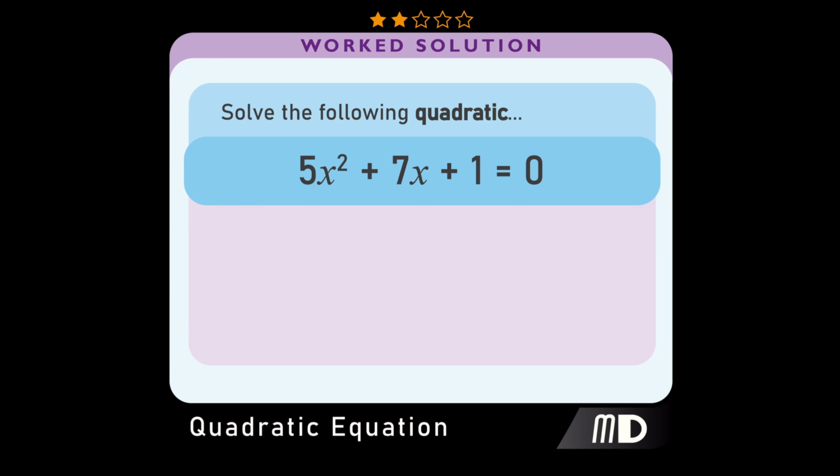There are several ways we can do this, depending on the equation we've been given. First, by factoring the expression into two brackets, which is usually the quickest way, but only if the quadratic factors easily, or by falling back on the quadratic formula, which is a catch-all method for every quadratic equation, or by completing the square.